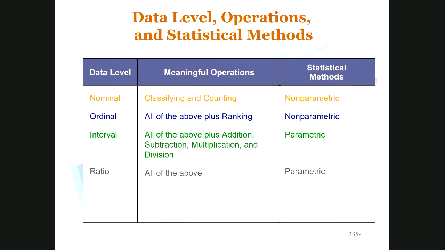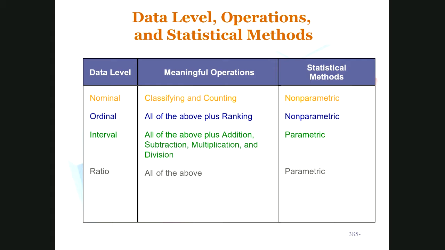Okay, so this is just a summary of the types of operations and the statistical methods used. Nominal data, as we said, is about classifying and counting. And the statistical method is referred to as non-parametric. And parametric just says there's no parameters because you're asking for somebody's opinion, and therefore, you cannot define the parameters.